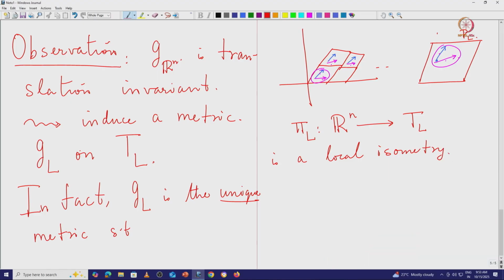Because it's a smooth covering map, it's already a local diffeomorphism. But now with this new metric that I have defined on the torus, it actually becomes an isometry, i.e. if you pull back G_L by pi_L star, then that is just the Euclidean metric, okay. And in fact with this condition G_L is the unique such metric. Okay.